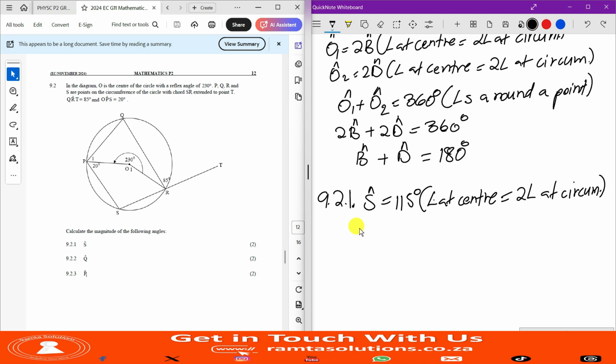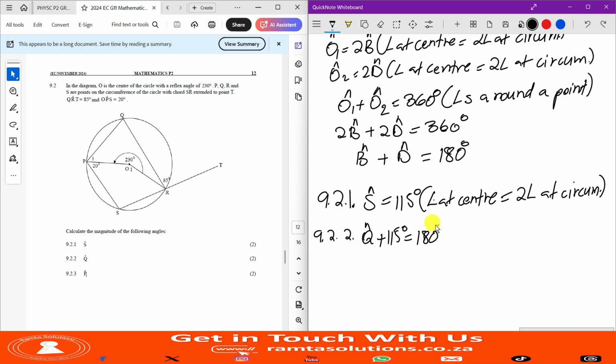Now, 9.2.2, angle Q. Remember, PQRS are concyclic, lying on the circumference. So it's a cyclic quadrilateral, therefore opposite angles are supplementary. Angle Q plus 115 degrees is equal to 180 degrees.